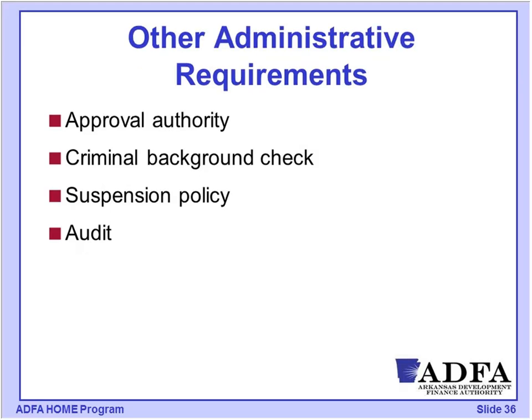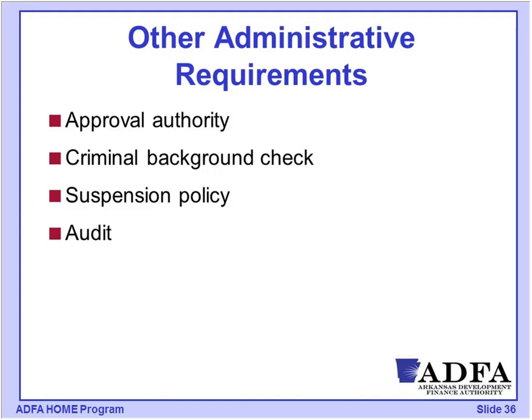So other administrative requirements, keep in mind that there is a specific process for approval authority. We mentioned things like the startup of your project. You're going to be waiting to get a notice to proceed that comes from ADFA. We'll be talking later in this training about sign-up authority and things like change orders.